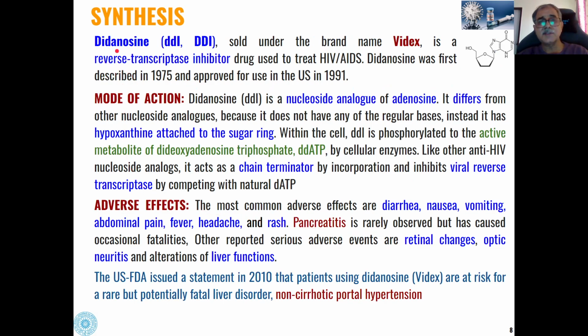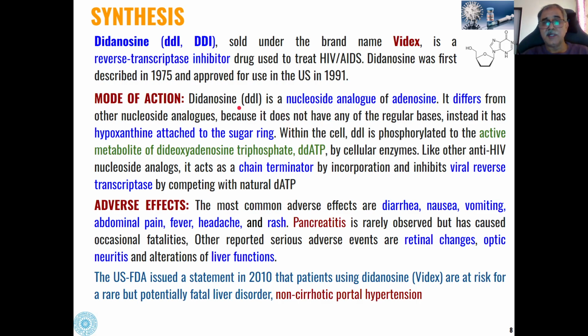And next is didanosine. This is sold under the brand name Videx. Again, this is a reverse transcriptase inhibitor used as an anti-HIV or anti-AIDS drug. This was first described in 1975 and approved in 1991 as an anti-HIV agent.